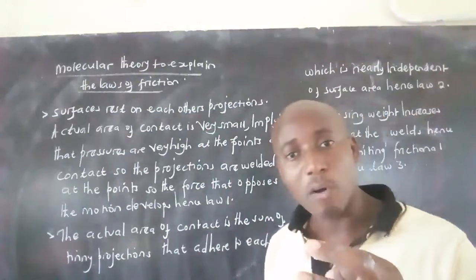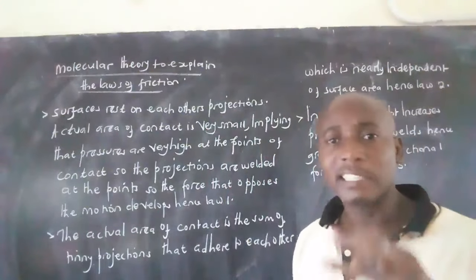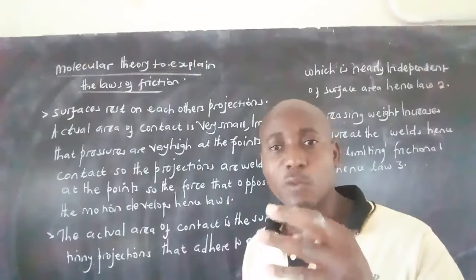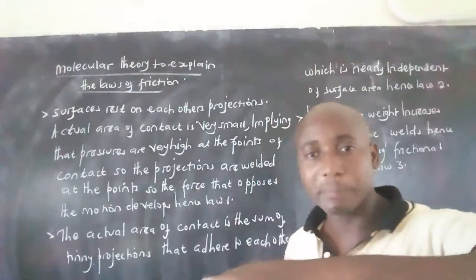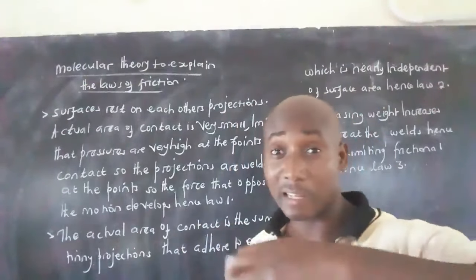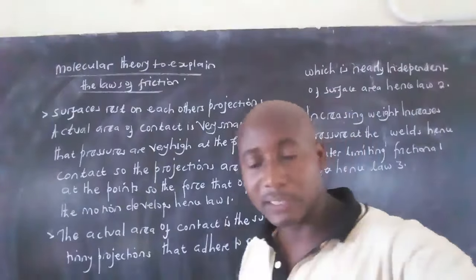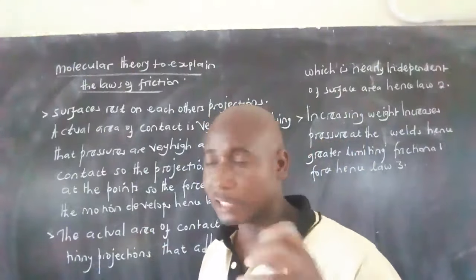Since the area is very small, the pressure at the projections is very high. That leads to the projections getting welded, so they interlock each other. Before motion can take place, these welds must be broken. Therefore, the force that opposes the motion comes in.